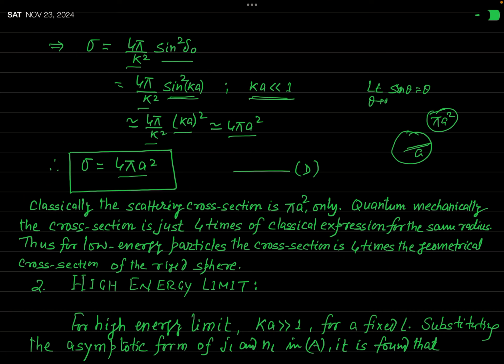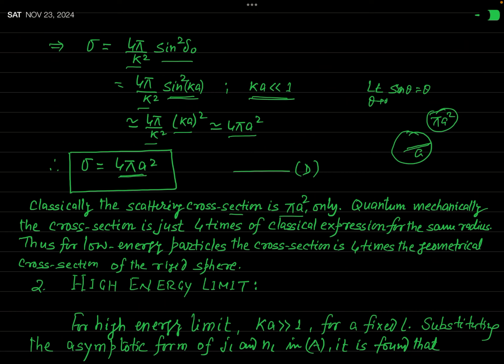So you can say, if we are talking about a sphere of radius a, then in terms of classical mechanics, the scattering cross section should be pi a square. But here you can see the scattering cross section we have obtained by the quantum mechanical approach is not pi a square but 4 pi a square.